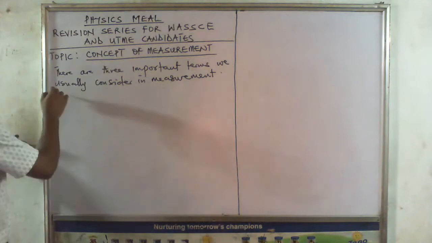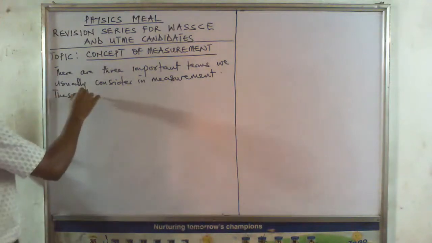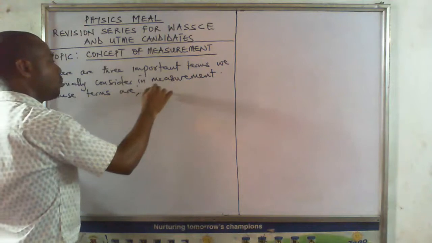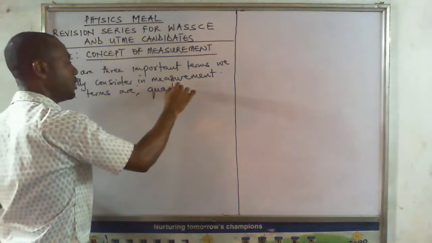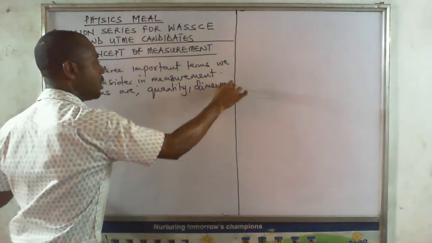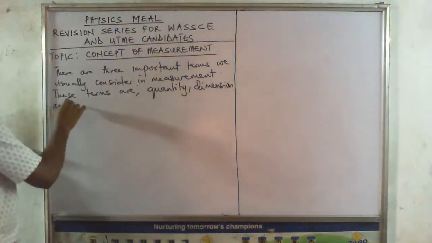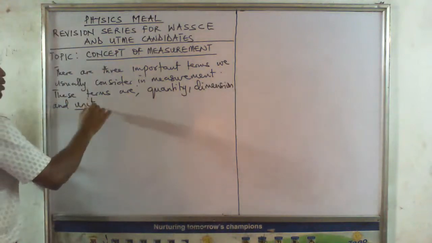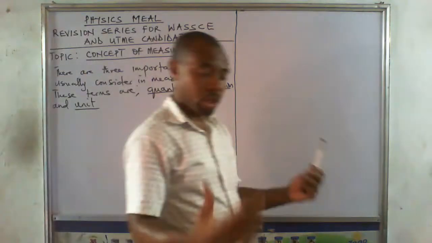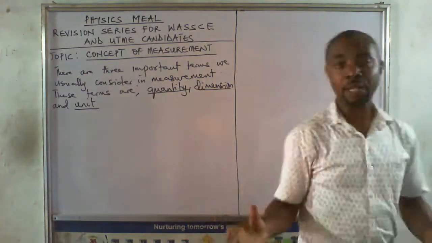What are these terms? These terms are quantity, dimension, and unit. So anytime we are dealing with measurement, we come across these particular terms.